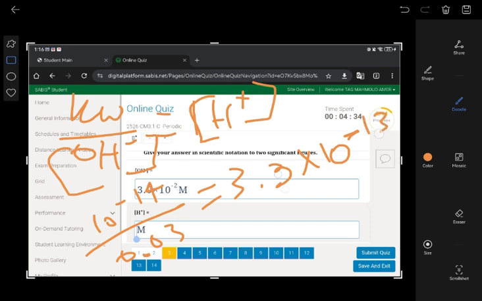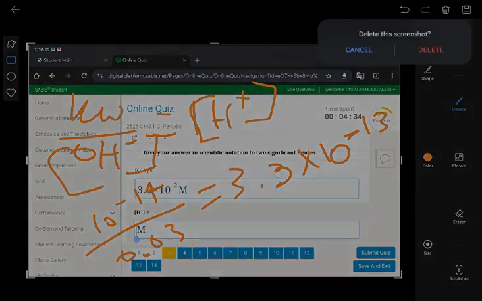Let me double check. Yeah, 3.3 times 10 to the negative 13.